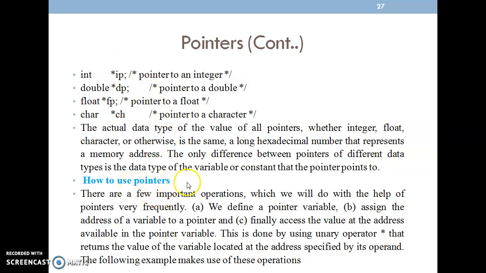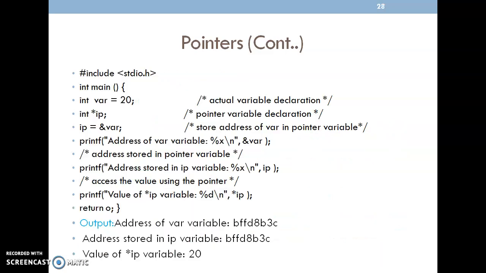Then how to use the pointer. There are three steps to represent the pointer. First define the pointer variable, then assign the address of a variable to the pointer, then finally access it. With an example, here initially we have a pointer variable, and we assign the address of a variable. I already declared one variable initially, so I'm going to assign this address to the pointer variable.